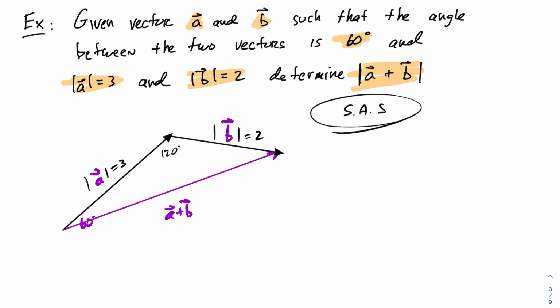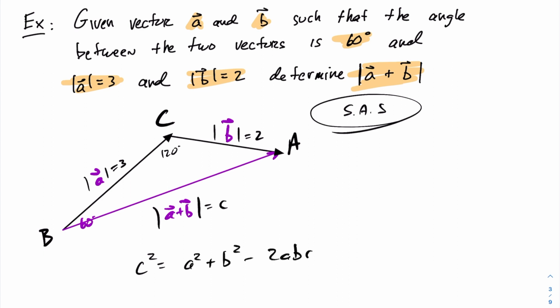If we want to use the cosine law here, we can label this: if this is length A, this will be angle A. If this is length B, this is angle B, and we can label this angle C. So the magnitude, which we can just label with a C, is going to be C squared equals A squared plus B squared minus 2AB cos of the angle C, which in this case is 120 degrees.